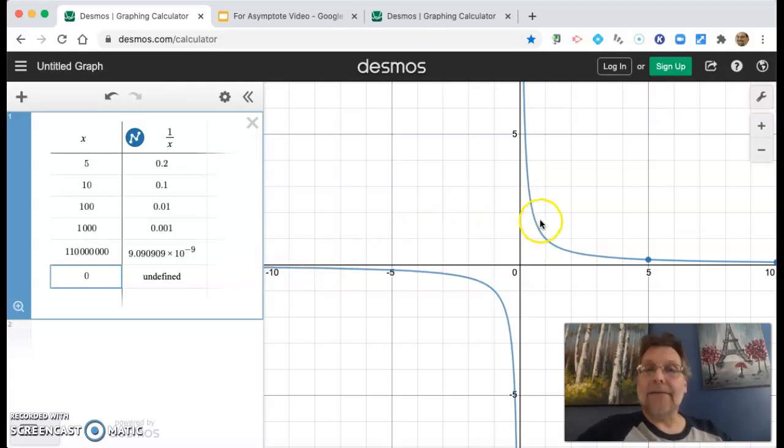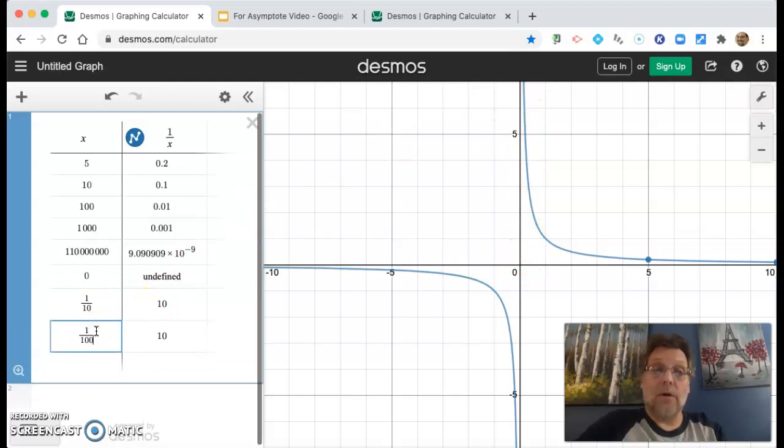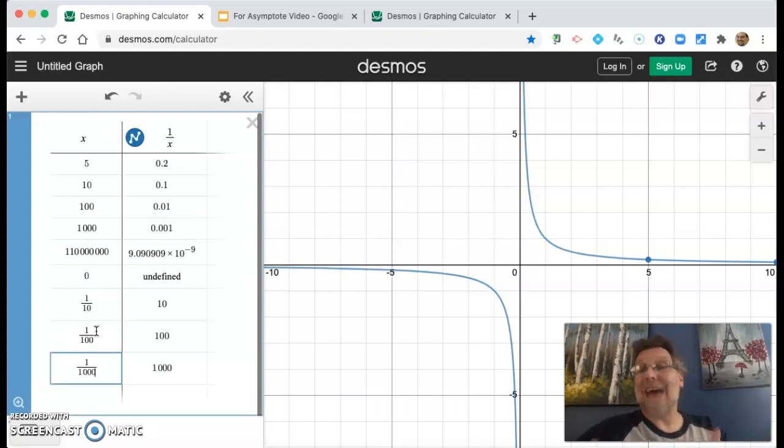On the other hand, something weird is happening over here too. If I put in a small number, like 1 over 10, the way math works, 1 over 1/10 is 10. So just a little bit over, and it's up 10. If I go 1/100, I get 100 high. If I do 1/1,000, it's going to be 1,000 high.